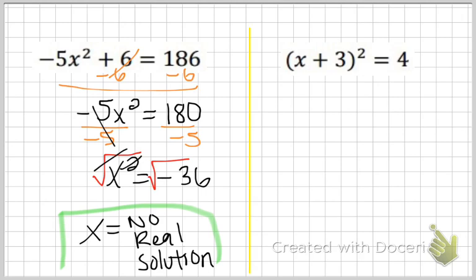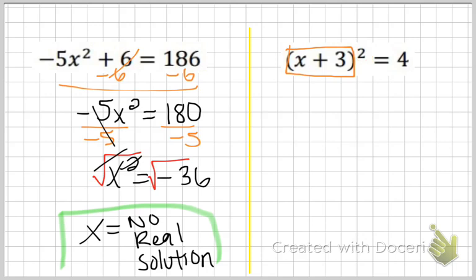Now this example is different than the rest. As you can see, the power of 2 seems to be outside of parentheses, and inside of the parentheses we have x plus 3. So we can't just subtract the 3, because 3 is trapped inside the parentheses. That means we have to get rid of the power of 2 first.